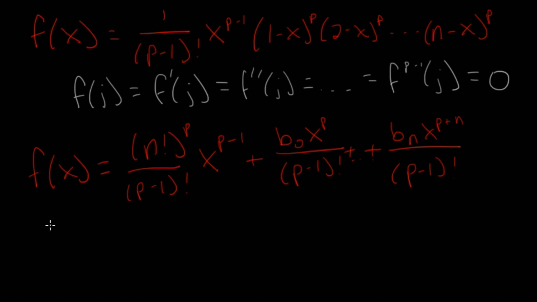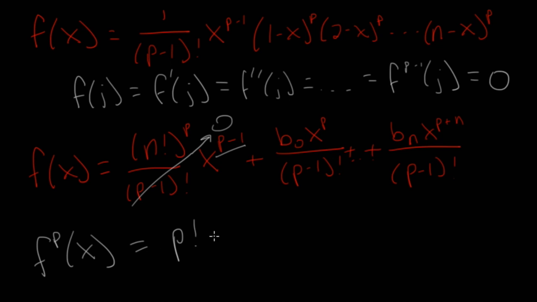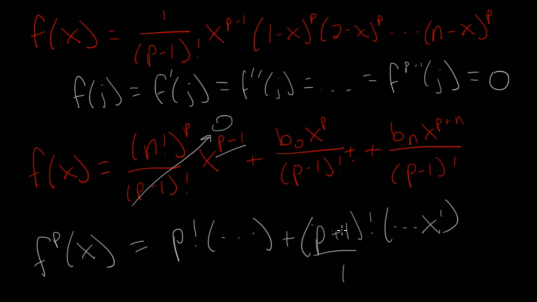And so now we can see, once you take the pth derivative, no matter what, this term will go to 0 because of that exponent. And what's going to be left is p factorial times something, plus p plus 1 factorial times something x to the 1, plus p plus 2 factorial over 2 times x squared, and so on and so forth.